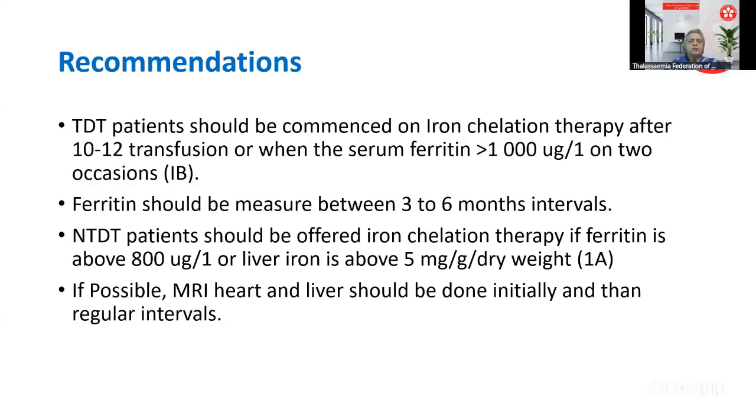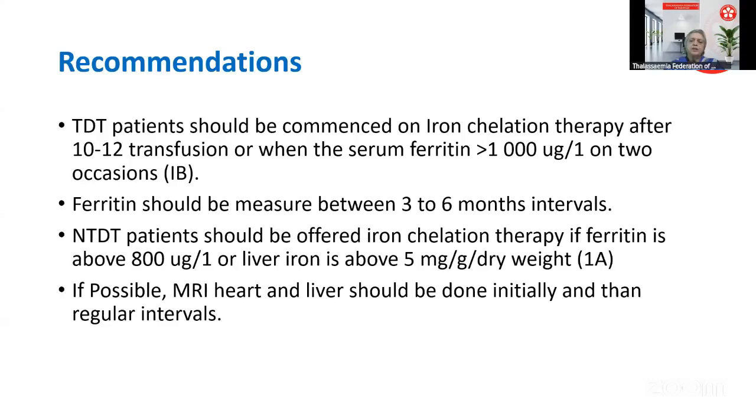If possible, which is of course not possible for most of our children, the latest recommendation is that you must do an MRI of the heart and liver, because the MRI of the heart and liver are the only things which give us exact iron overload in our patients.